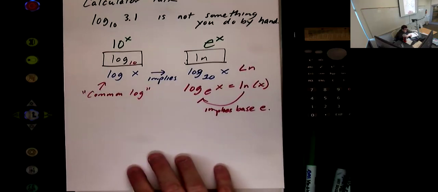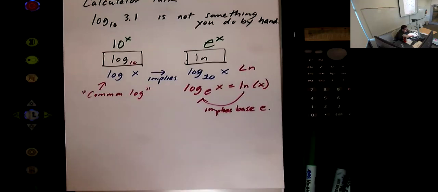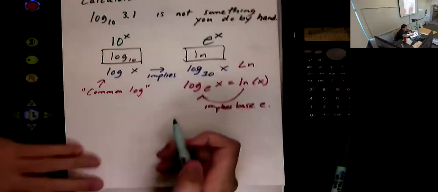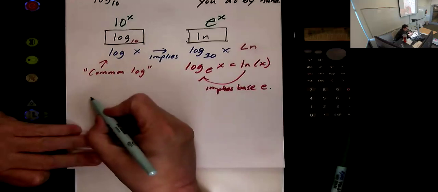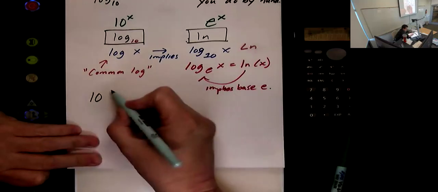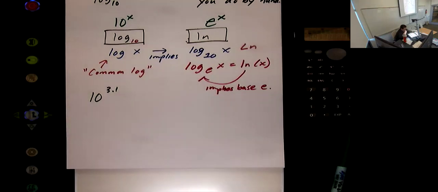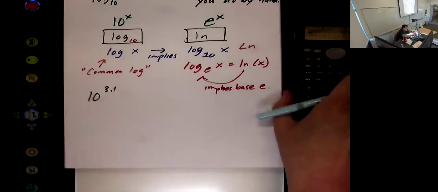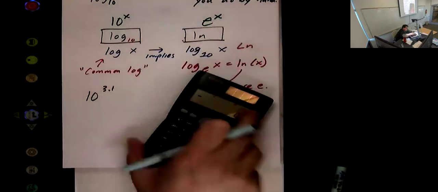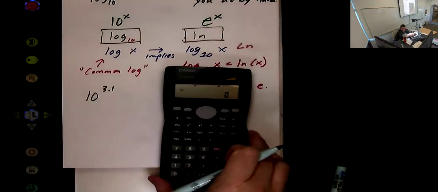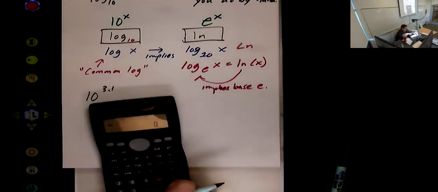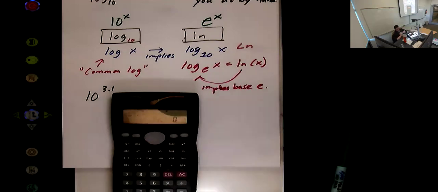Does everybody have a calculator with them? All right, let's walk through some. Let's find 10 to the 3.1. On my calculator, let me not write over the text while you guys are still writing.